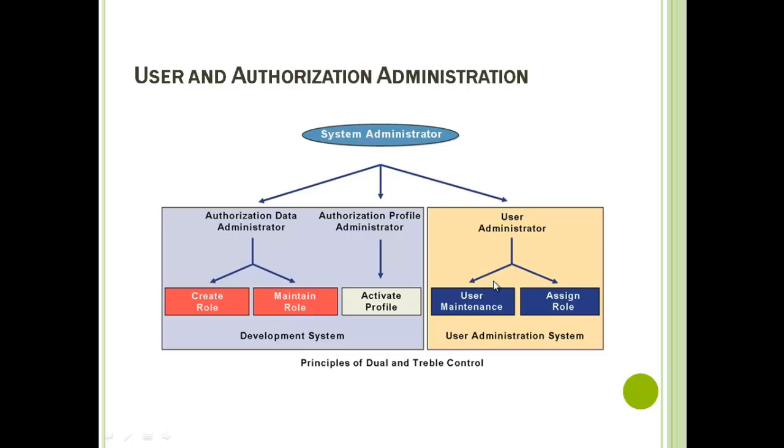So it's like a segregation of duty within the user administration. Segregation of duties means SOD. In order to prevent any risk in your ERP system, we can implement this kind of segregation of duties, so that this is not done by one person in the SAP system.